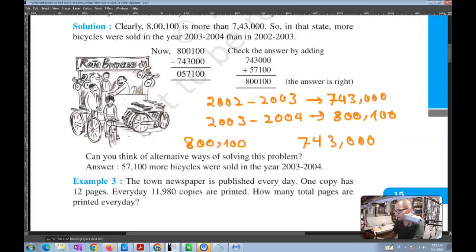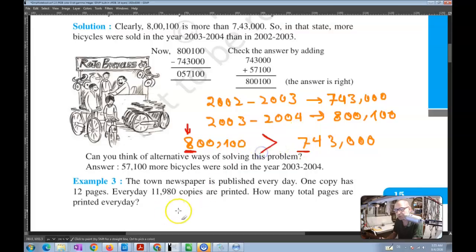So I will take a look at the largest digits in the two numbers. Here I have an 8, here I have a 7, which means that I have 8 groups of 100,000s in this number, and 7 groups of 100,000s in this number, which means that the value of this digit is 800,000, and the value of this digit is only 700,000.